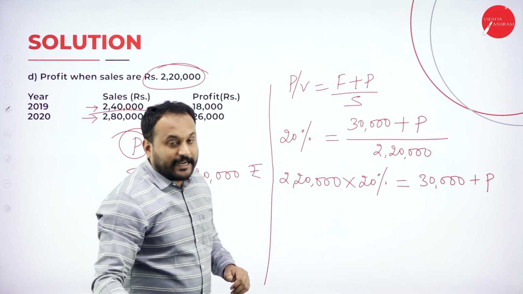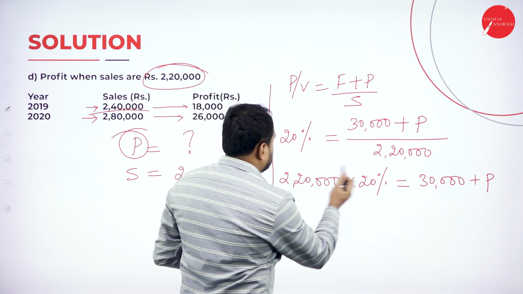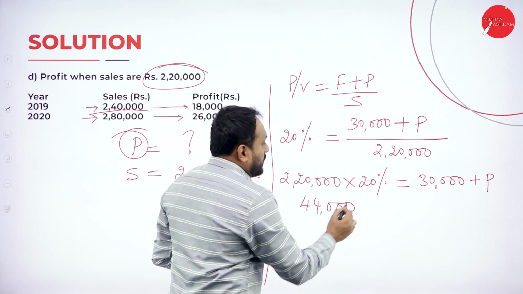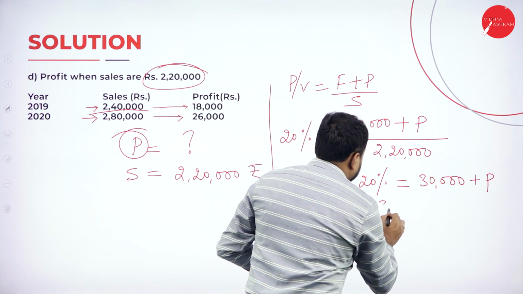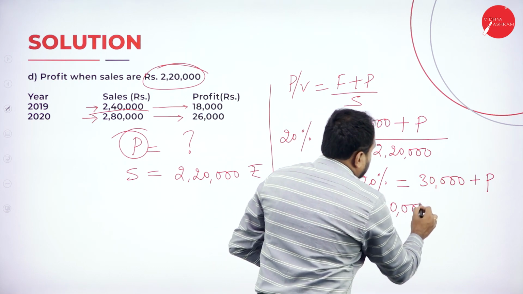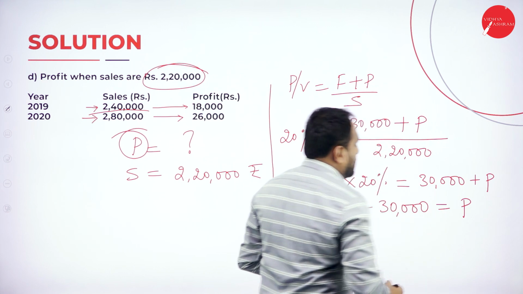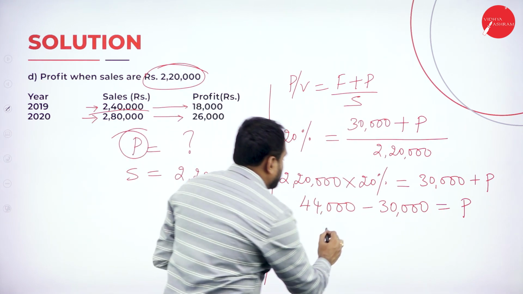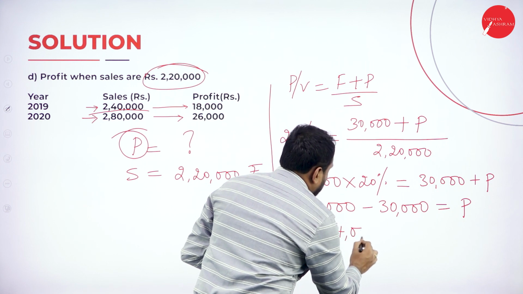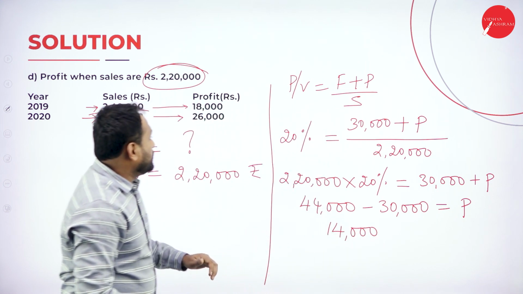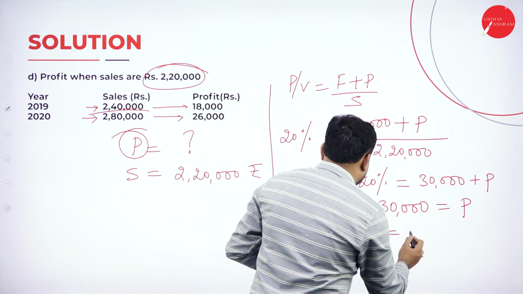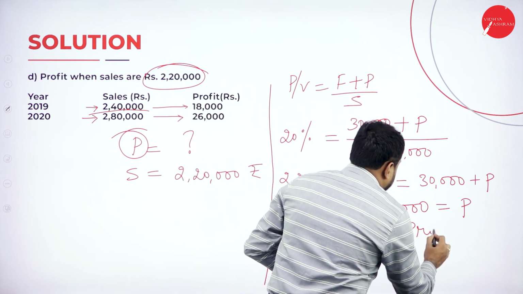Now 2,20,000 into 20%: 2 twos are 4, that is 44,000. And this 30,000 will come here, minus 30,000, is equal to P. 44 minus 30 is 14,000. How much will you get? 14,000. So 14,000 is the profit.